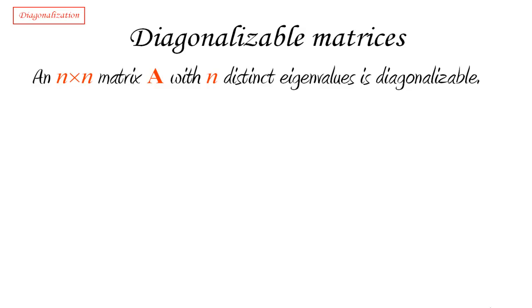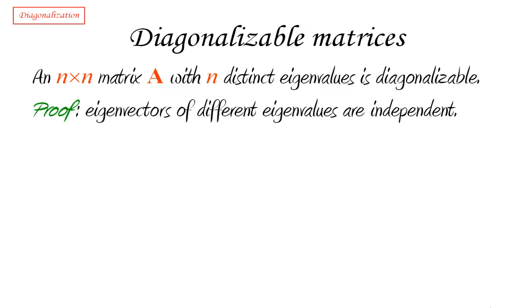So if this matrix has n distinct eigenvalues, so no eigenvalue has multiplicity more than 1, then no matter how I pick an eigenvector for each of the eigenvalues, they are going to be linearly independent, therefore it's diagonalizable. So eigenvectors of different eigenvalues are independent, therefore I have enough independent eigenvectors.